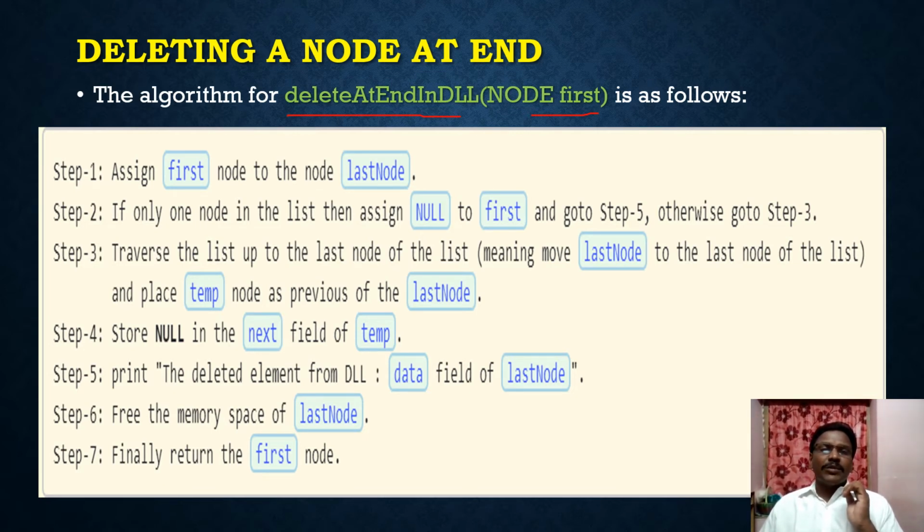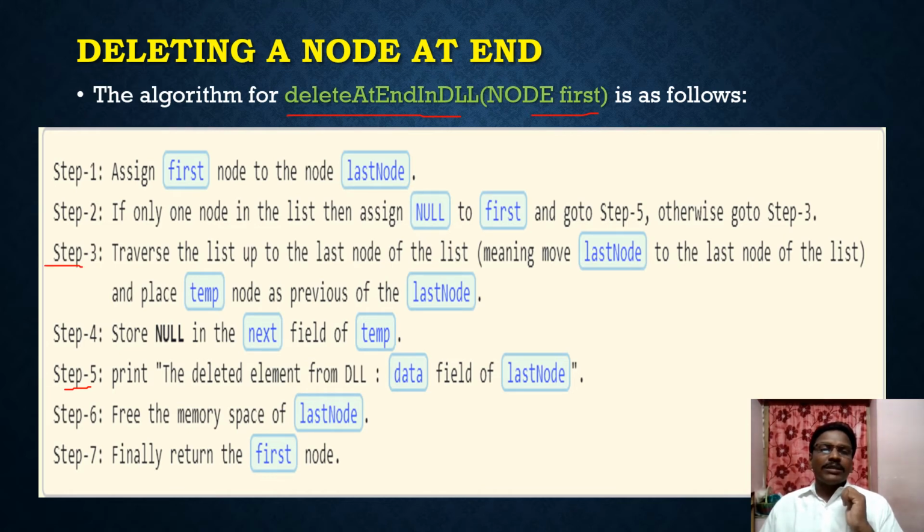Then step 2: if there is only one node in the list, then assign null to first. It means if there is only one value in the double linked list, simply assign null to first and go to the last step. Otherwise, if the condition fails, move to the next step.